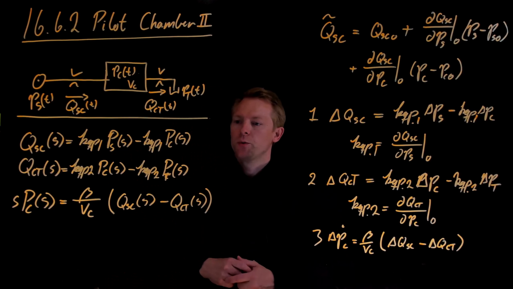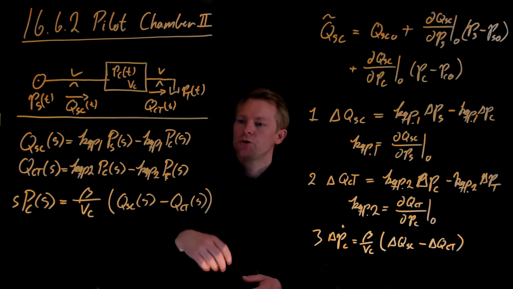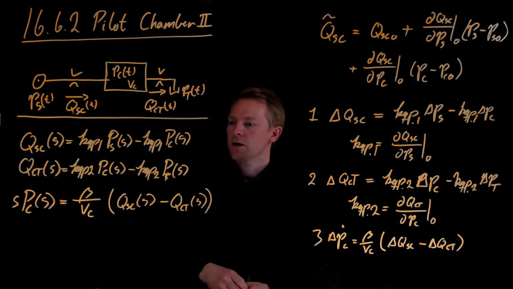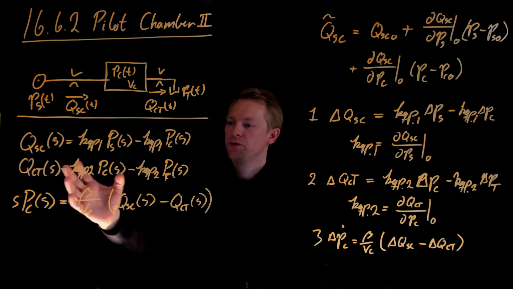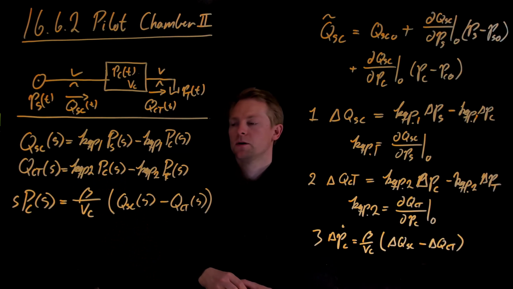Now we have the three equations. Let's take the two top ones, plug that in the last one, and then let's take this hydraulic capacitance and move that to the left side of the equation.